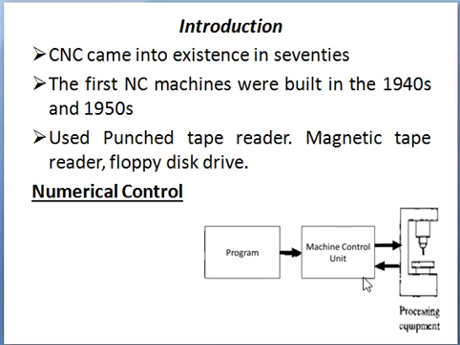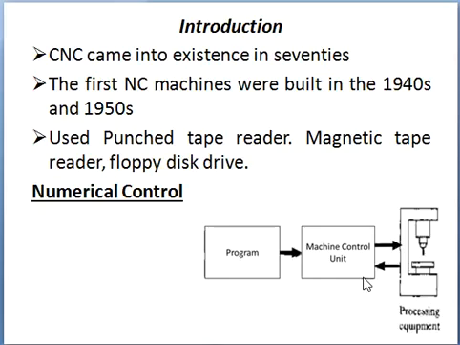It only understands the electrical pulses generated by the MCU. These are electrical pulses which will be modified by intensity, and various on-off switches are present inside the machine control unit itself, which will help the machine to understand and perform a set of functions which are given as zeros and ones.